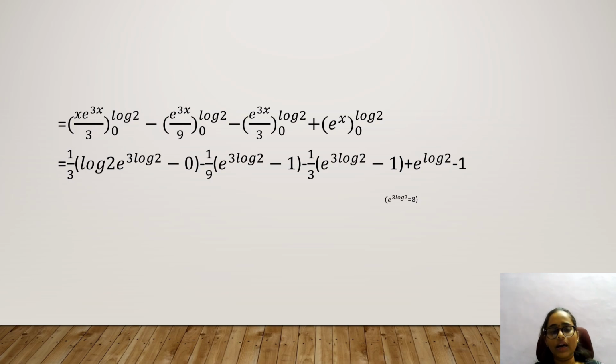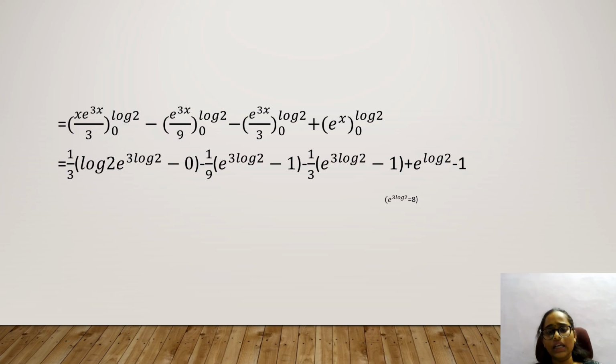Next we do upper limit minus lower limit, keeping 1 by 3 outside, and in the place of x we substitute log 2, so log 2 e to the power 3 log 2 minus 0. 0 into anything becomes 0, so it becomes 0.